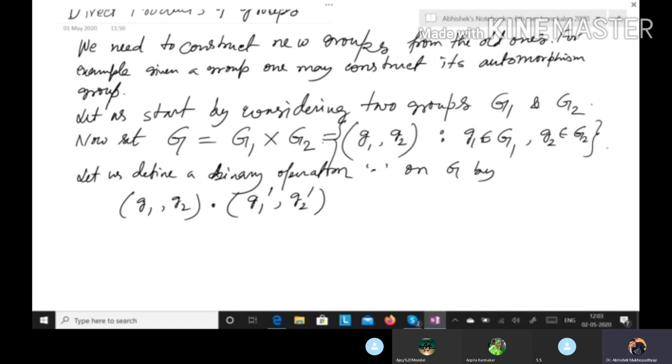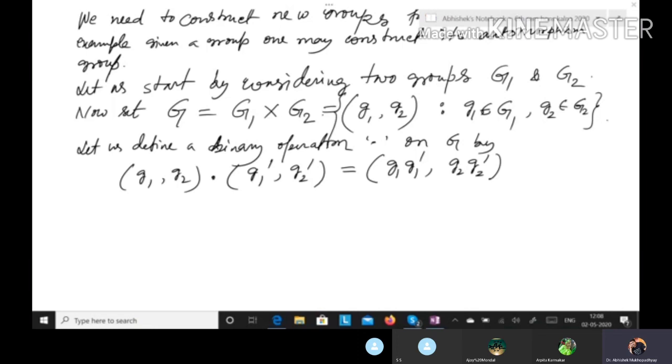Now we define the operation as (g1, g2) dot (g1', g2'), which is defined to be the element (g1 g1', g2 g2').